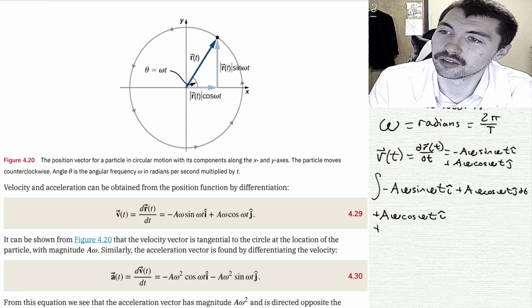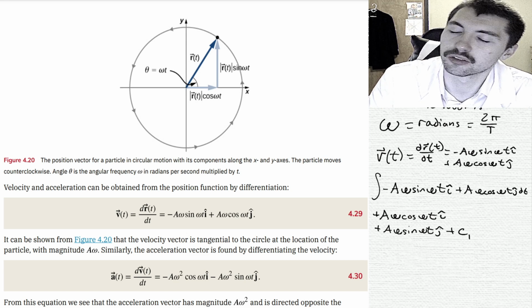And then A omega, so that would be negative, minus A, because the integral, no, actually it would be positive. It would be plus A omega sine omega t j plus some constant.